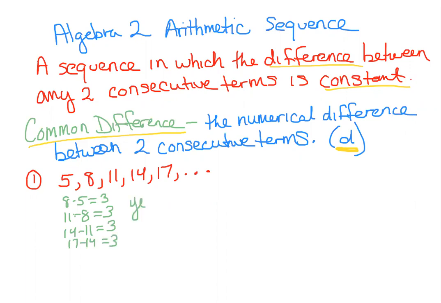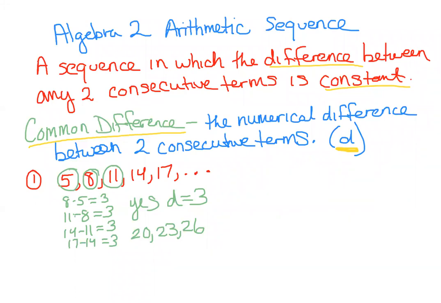So yes, this is arithmetic, and D equals 3. And the next 3 terms are 20, 23, and 26. So to find D, you always take this minus this, and see what the difference is between them.